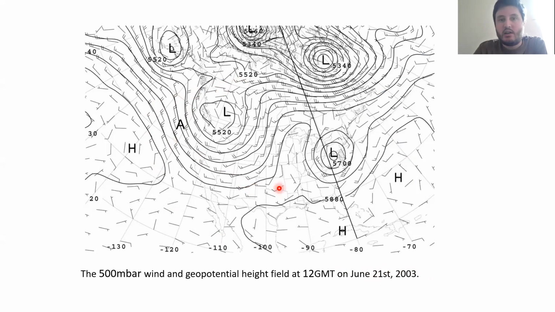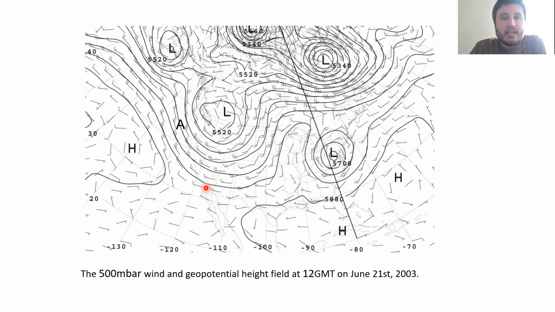You see here we have some low pressure systems, and then farther in the subtropics we have some areas with high pressure. Here we have Florida, this is the Caribbean Sea, so this is actually a plot over the United States.